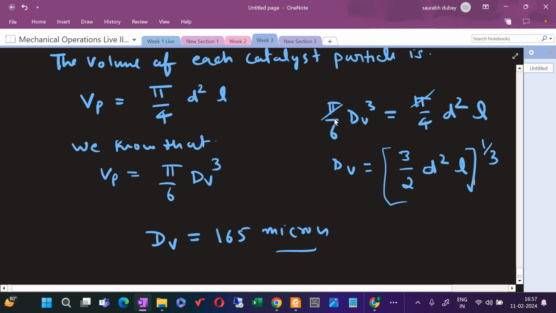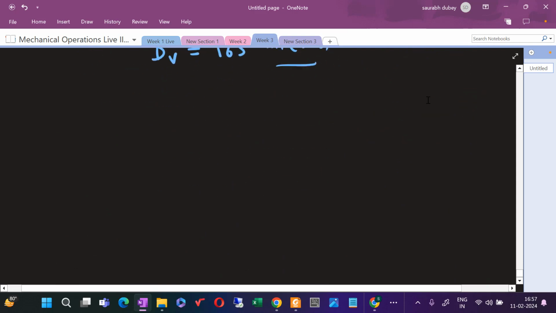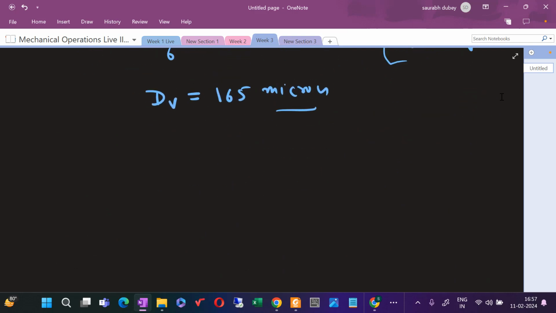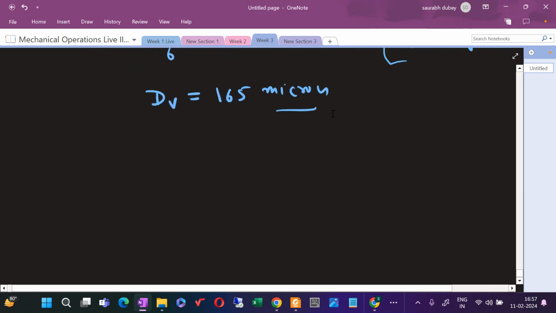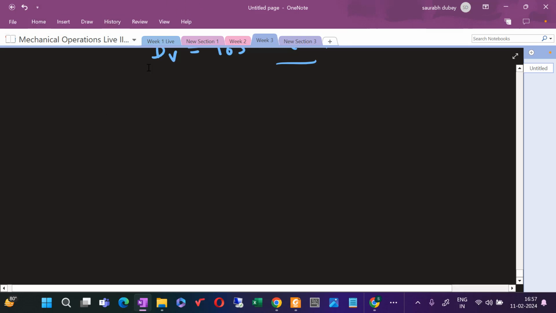You are given L, you are given D. When you put the values, you will get 165 micron. From here, as this dv is given and the liquid is used to fluidize, the Archimedes number will come out at the minimum fluidization.